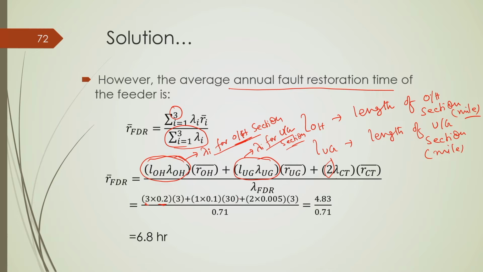So, you put all these values over here, and we get the annual average restoration time, or mean time to repair. This is nothing but the mean time to repair for the feeder. So, that many hours.